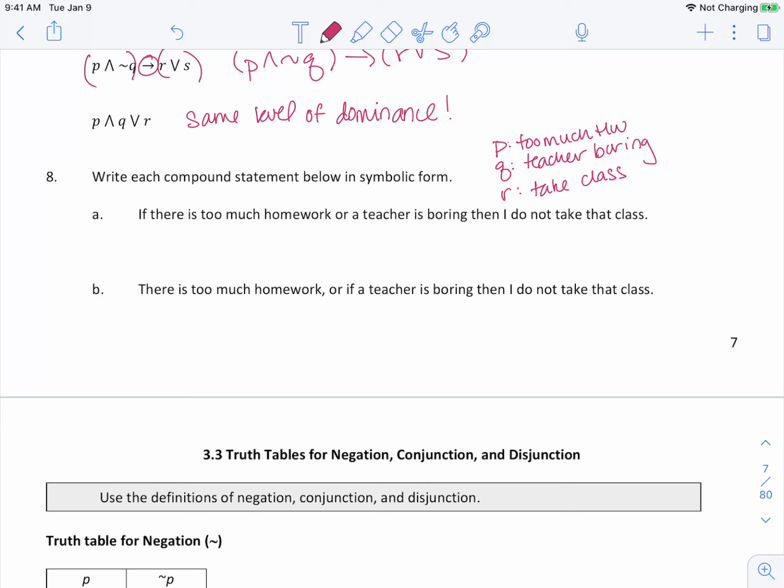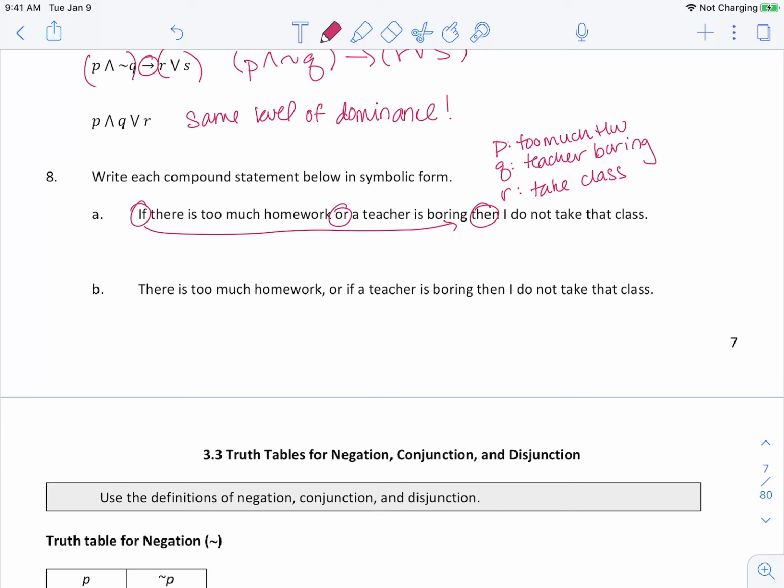Okay, so in here, we have an or. We also have if, then. So remember those go together. And then we have there's too much homework as a statement, then we have teacher is boring, and then we have I do not take that class.